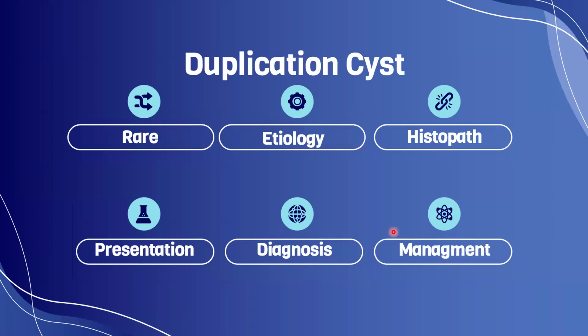Symptomatic cases may present in early childhood with respiratory symptoms like dyspnea, stridor, cough, or chest pain, and rarely hematemesis, mediastinitis, or bleeding.